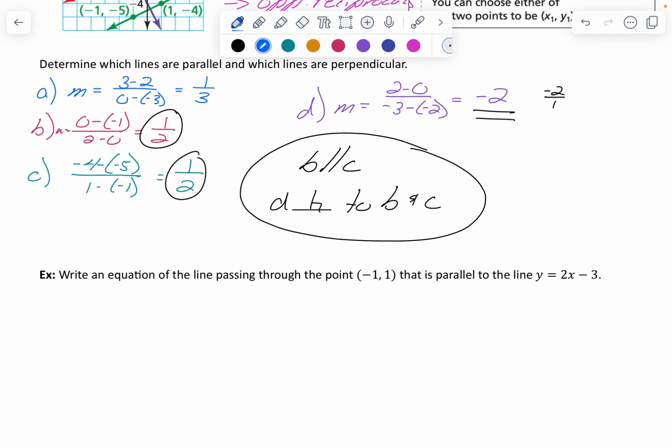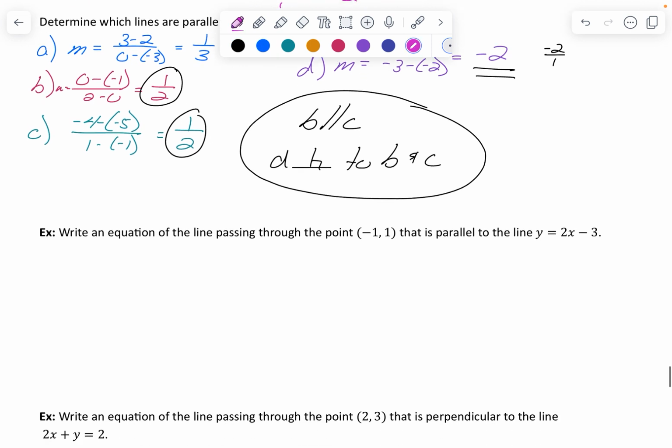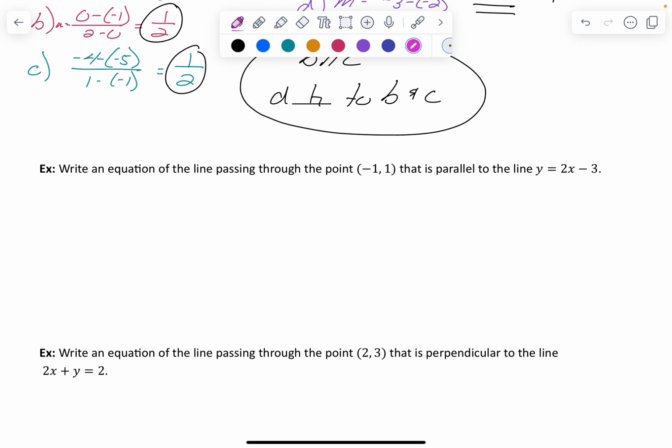For this next one, we are going to write an equation of a line passing through this point. So this is like our x, y, and is parallel to this line. So parallel means it has the same slope. So basically, we know the slope is 2, and we have this ordered pair, -1, 1, which is our x, y. So we're going to use that old y equals mx plus b. Remember, m is the slope, and b is the y-intercept.